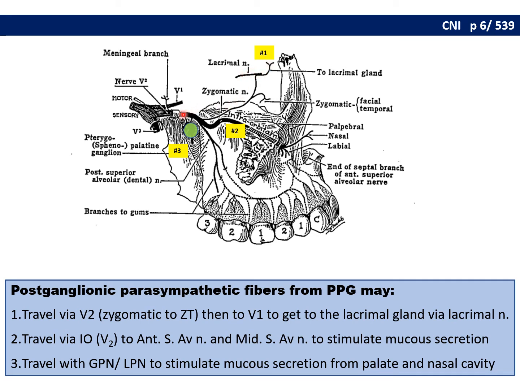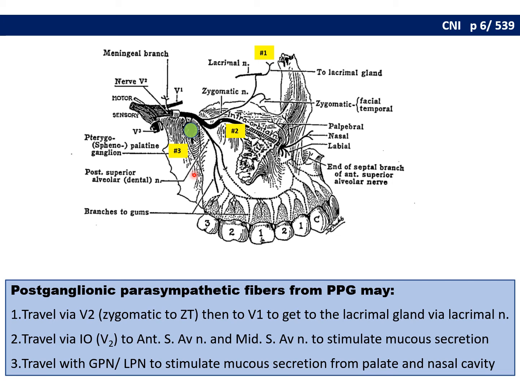The second is to hop onto the infraorbital and then get distributed to the maxilla and the upper teeth via the infraorbital. The third pathway is to go via the greater and lesser palatine nerves to stimulate secretion of mucus, riding along the greater palatine and lesser palatine nerve.